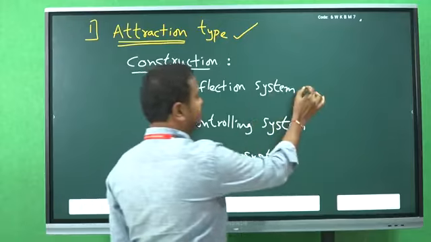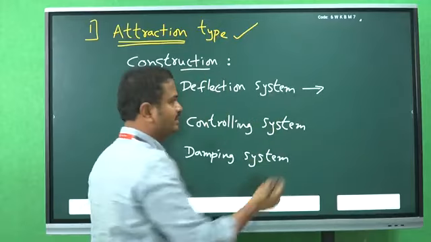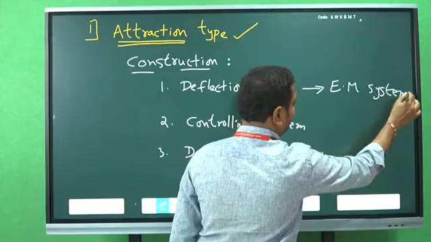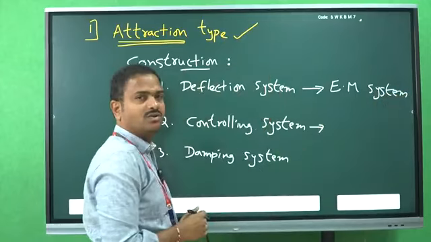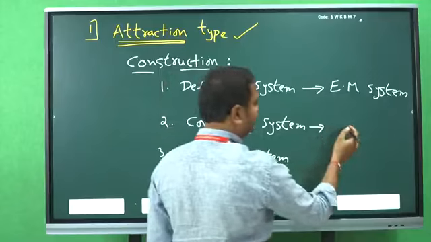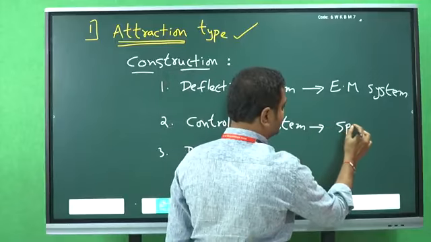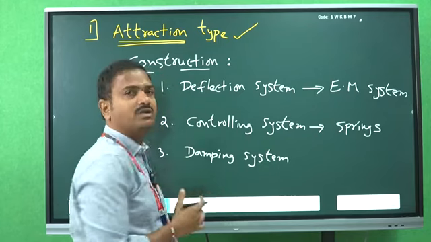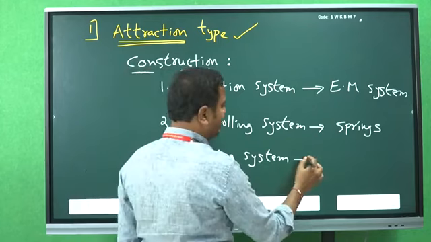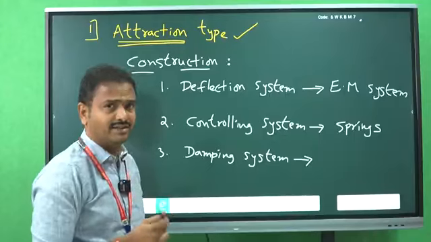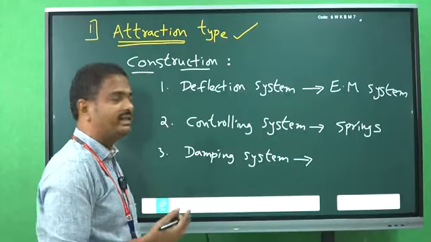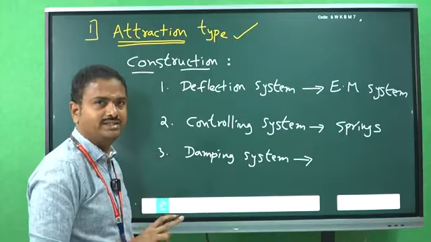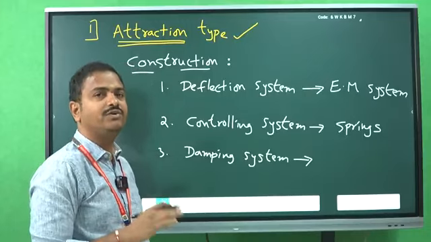These three are the basic requirements to construct an indicating instrument. In this MI type instrument, the deflecting system is the electromagnetic system. The controlling system is provided by control springs. And for the damping system, in the last class I explained three types of damping systems: eddy current damping, air friction damping, and fluid friction damping.